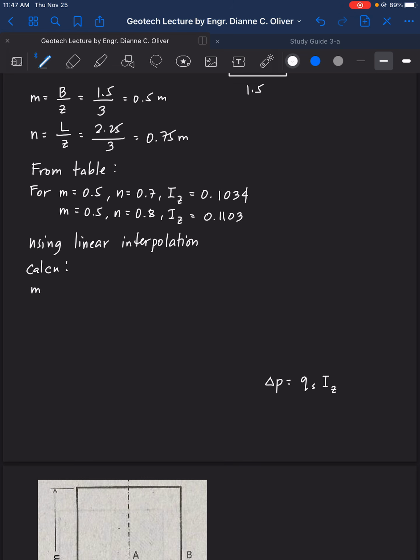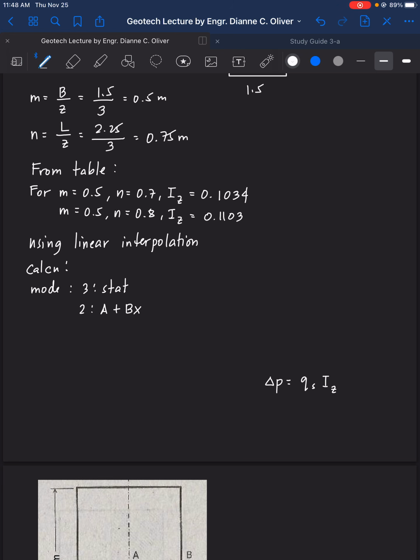So go to mode, choose 3 stat, and then you have number 2, the linear one, a plus bx. Choose number 2.